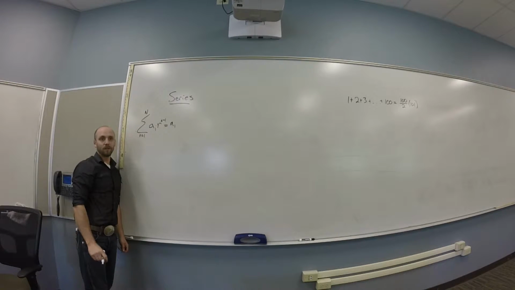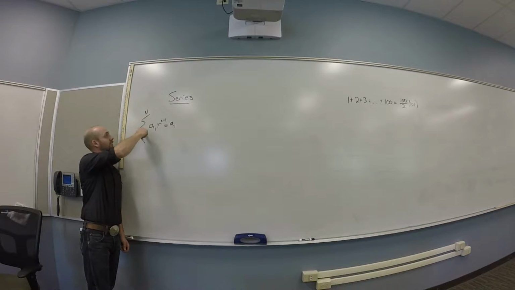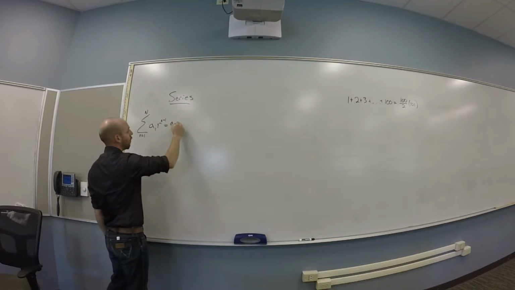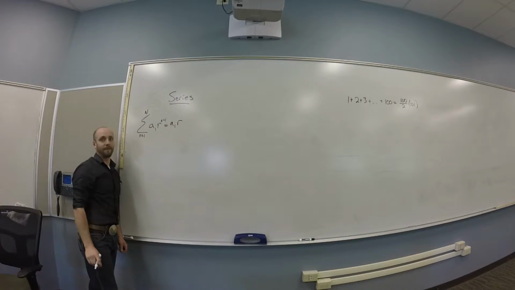Cool? You guys all okay with this giant mess of symbols that I've been writing here? So this thing means sum, starting here, going there. Okay, so where does this thing start?